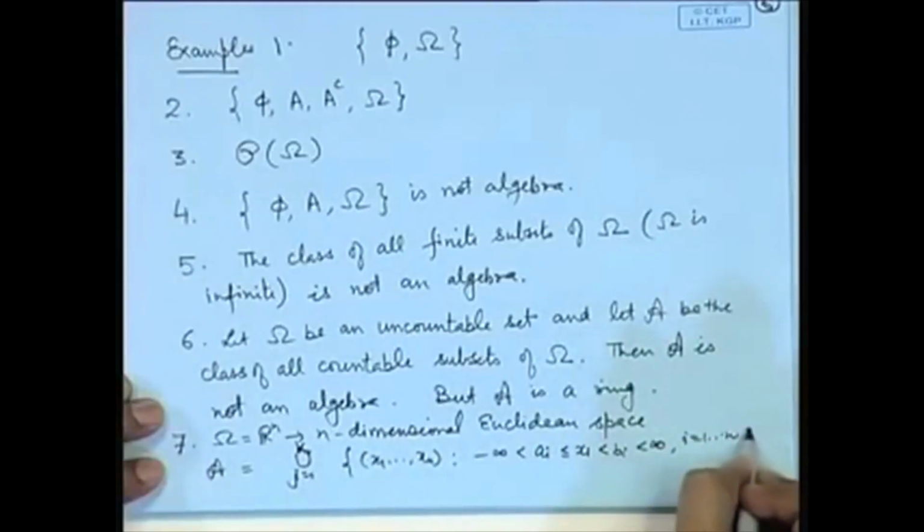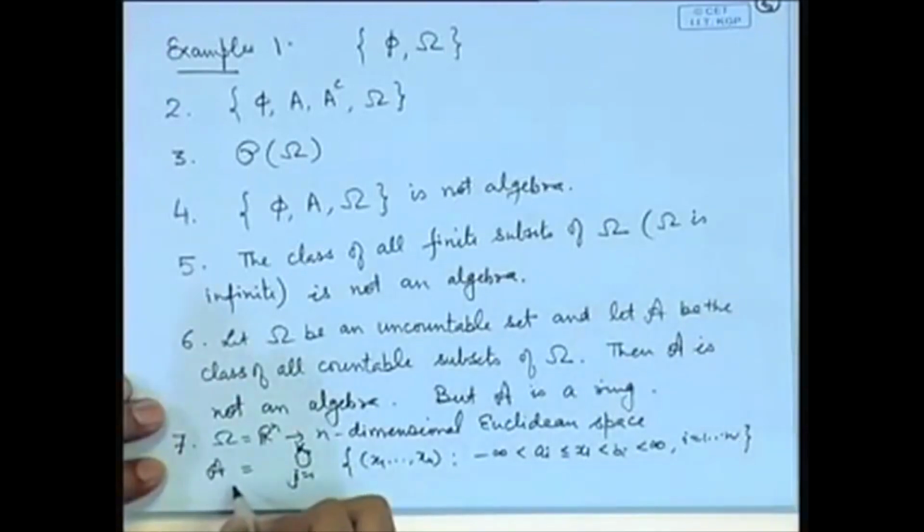So basically you can consider them as unions of certain cells. Then this is a ring but not an algebra.